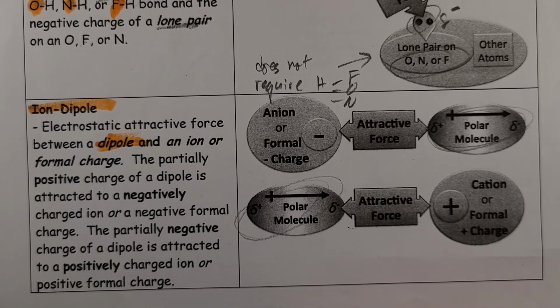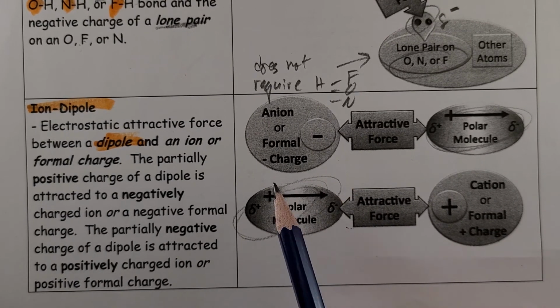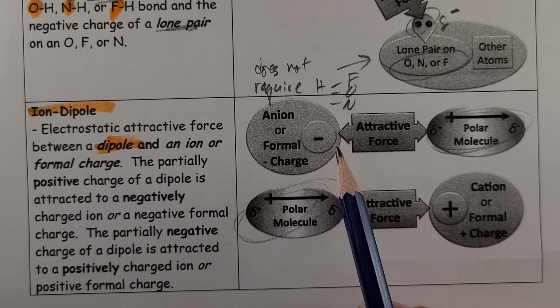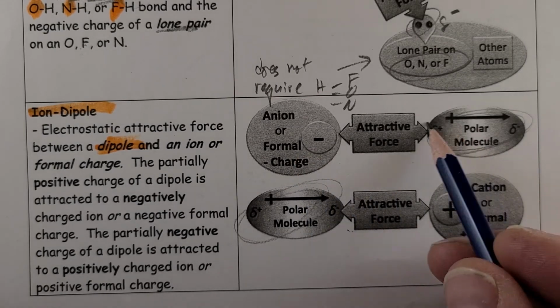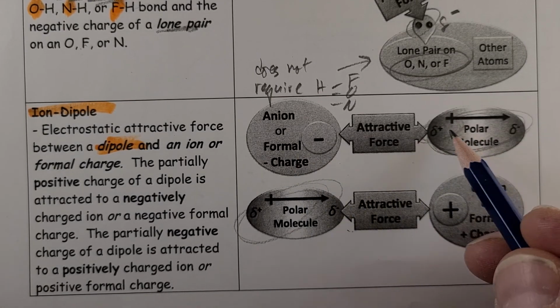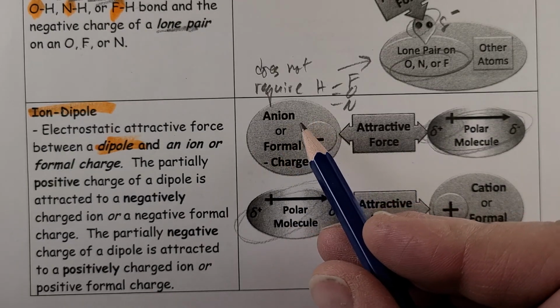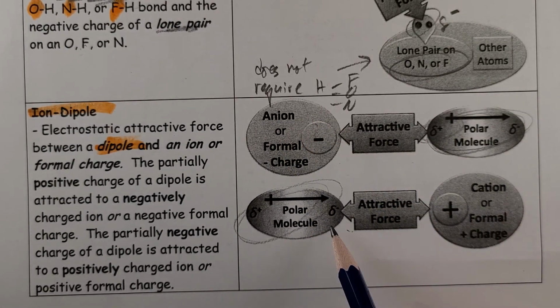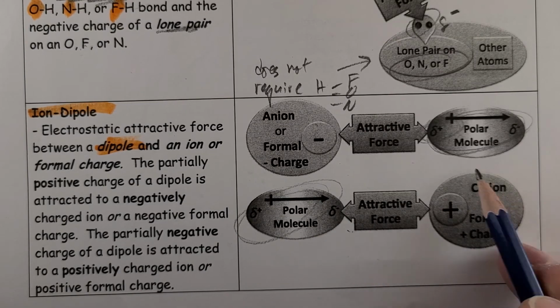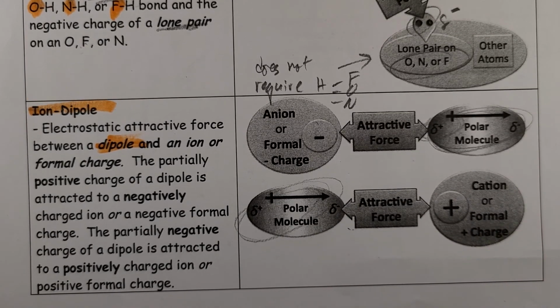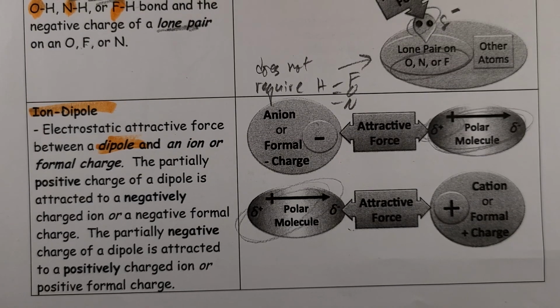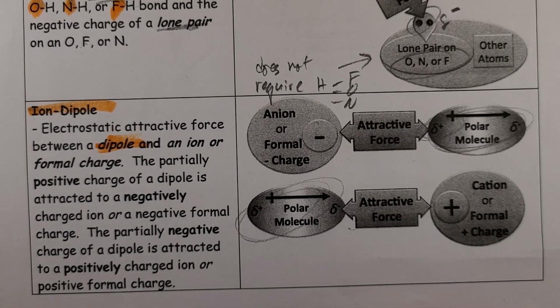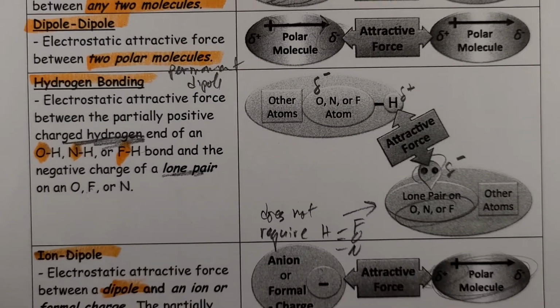Because you remember, if you dissolve sodium chloride, we have positive sodiums and negative chlorides. So the positive end of a polar molecule will surround and attract a negative ion. Or the negative part of a polar molecule will be attracted to the positive end, the positive cation. So that's a summary of all four of those intermolecular forces.